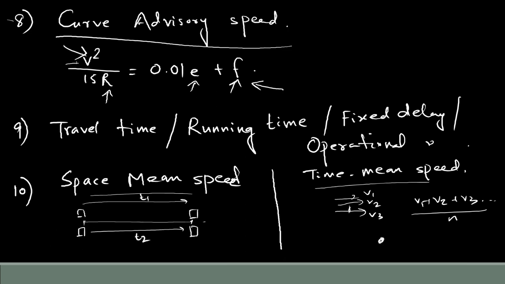So the speed will be d divided by the average of all the times, (t1 plus t2 plus ... tn) divided by n. Sorry, this will be the space mean speed. Because the space is constant and you get different times for different vehicles, that's how you calculate space mean speed. These two terms are very important.